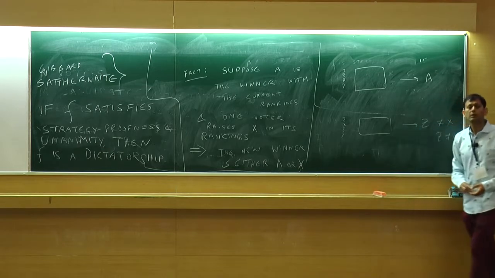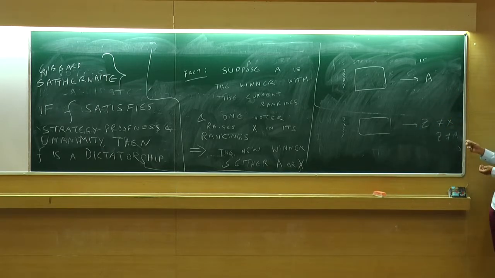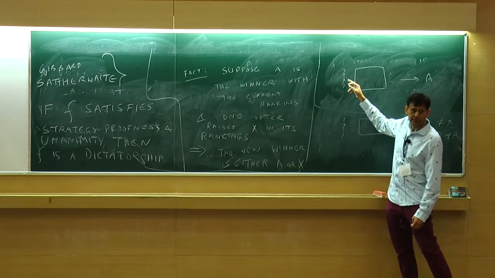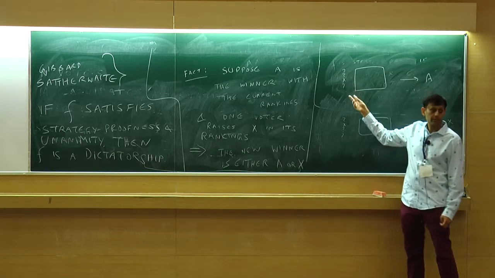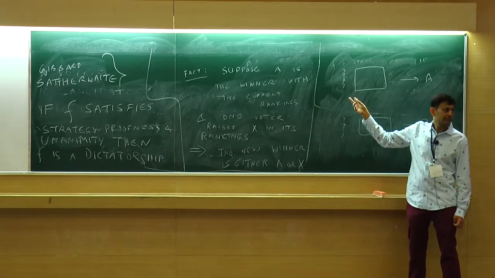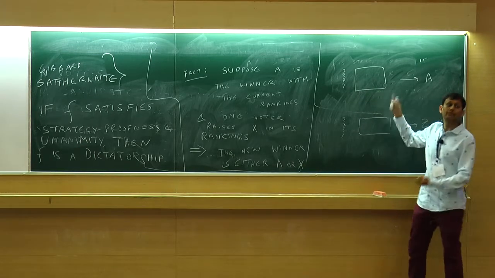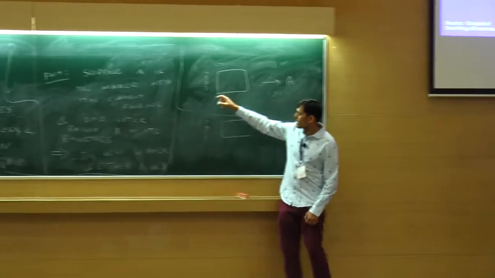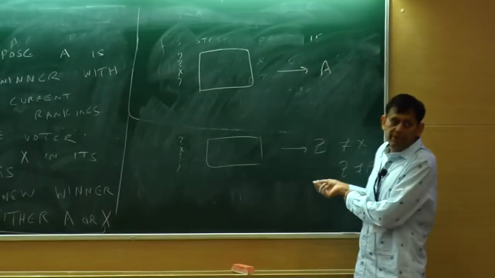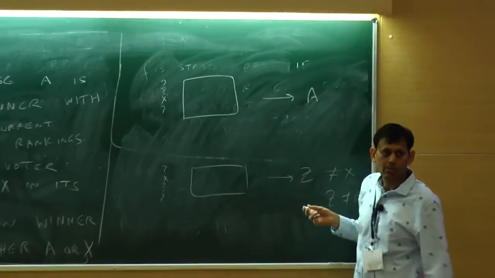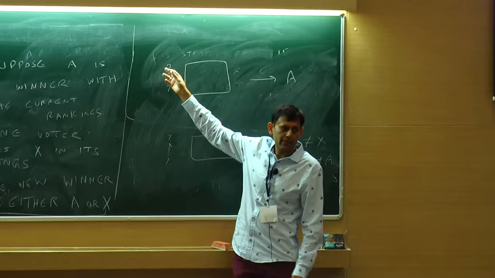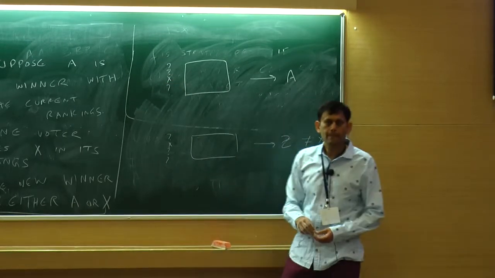So all this is saying is that if a voter raises X in his rankings, then maybe it can make X win. Does that make sense? But it cannot make someone else win. Now, if Z is X, then there's no contradiction, because if the voter likes A more, then in any case A is going to be high, maybe A is higher up here.